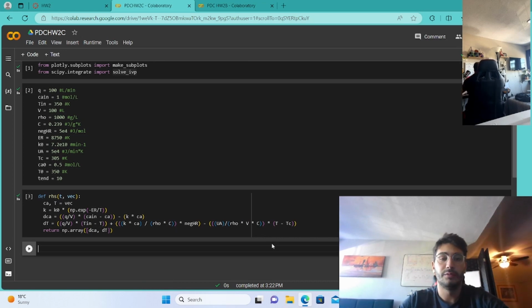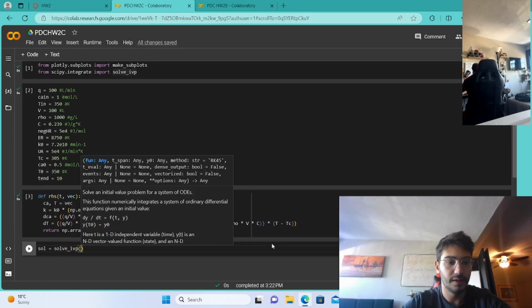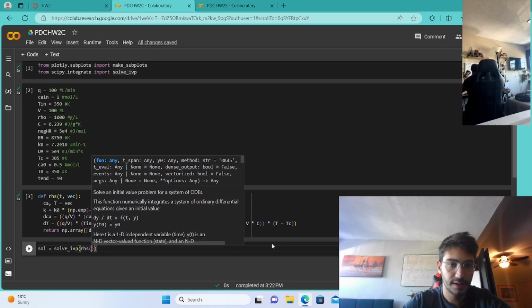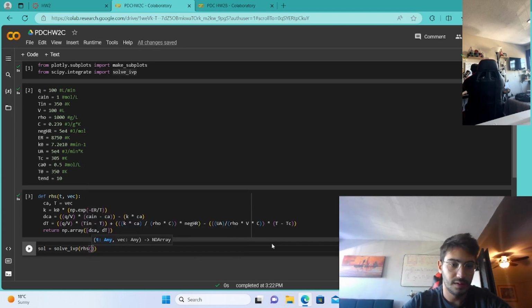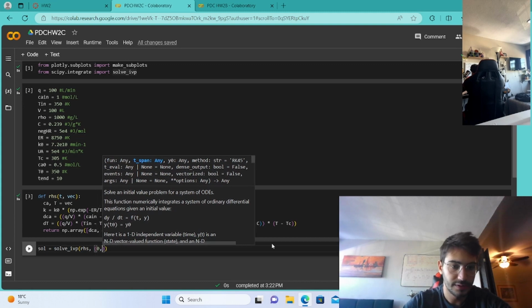Now we can go ahead and recall our solve IVP function. So say solve IVP, call this solution. For the function, we're going to be using right hand side. T span, we're going to go 0 to T end.